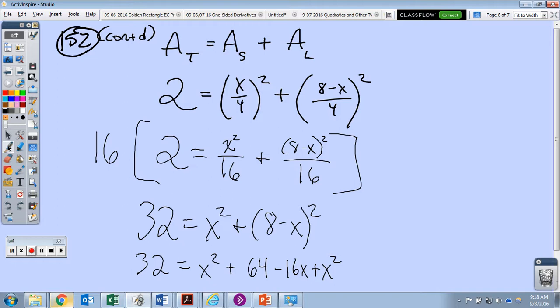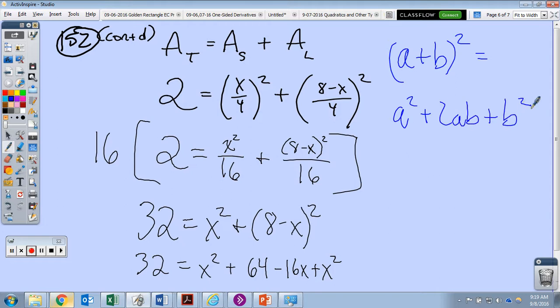Again, if you don't see this, just do it the long way, because a lot of people forget how to do that. The formula, if you remember, is that (a plus b) squared is equal to a squared plus 2ab plus b squared. In our case, it's 64 minus 16x plus x squared. But if you don't remember that, then just do the long way. Do FOIL.